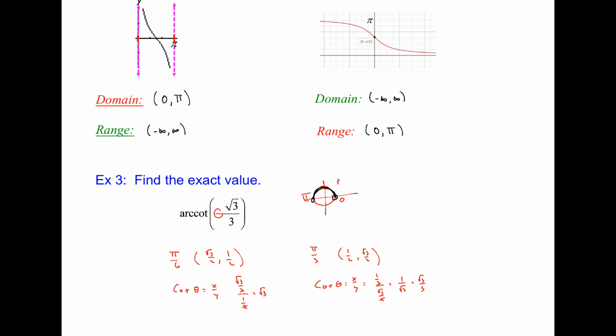So this is positive, this is negative, and so we want to be in quadrant 2, and we want the angle in quadrant 2 for the reference angle of pi over 3, so that should be 2 pi over 3. And once again, what we're saying is if we take cotangent of 2 pi over 3, we should get negative square root of 3 over 3, which we do.